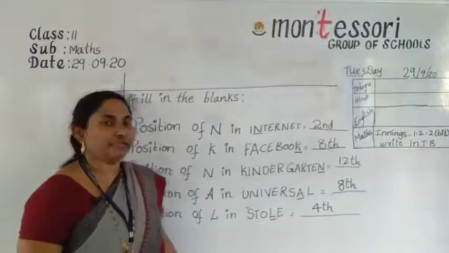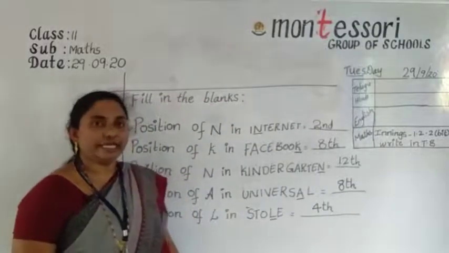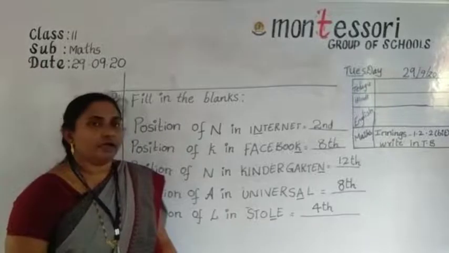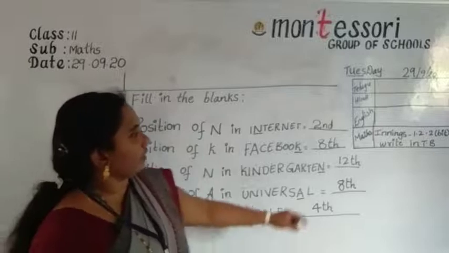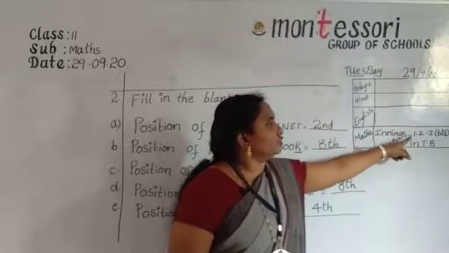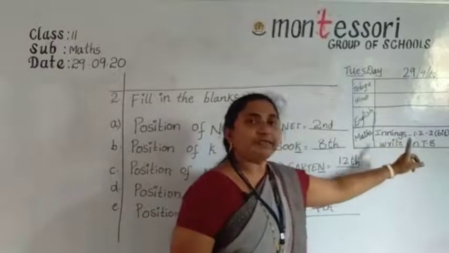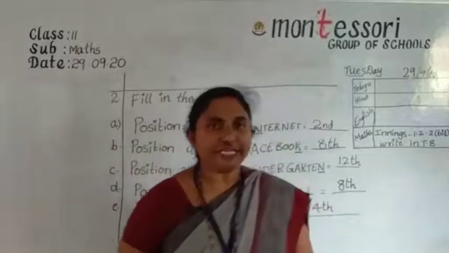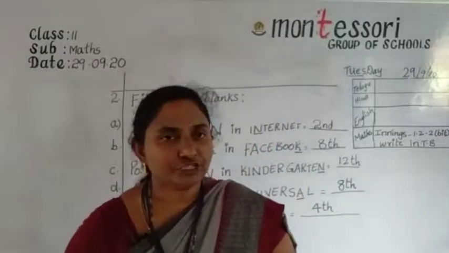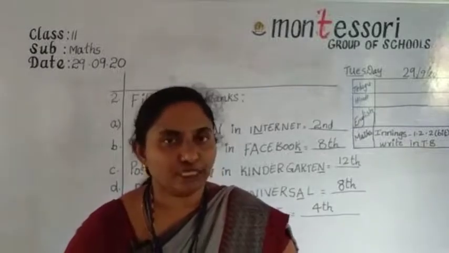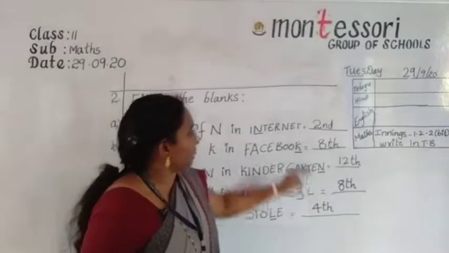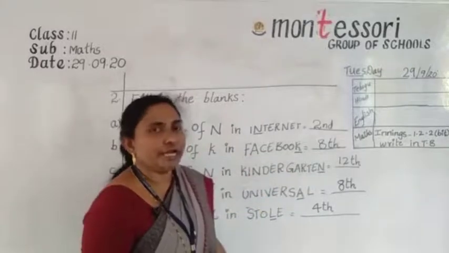And write the diary work: second bit, write in textbook. After finishing, take a photo and send it to your concerned WhatsApp group. Understood all of you? These are the 5 problems given in your textbook.